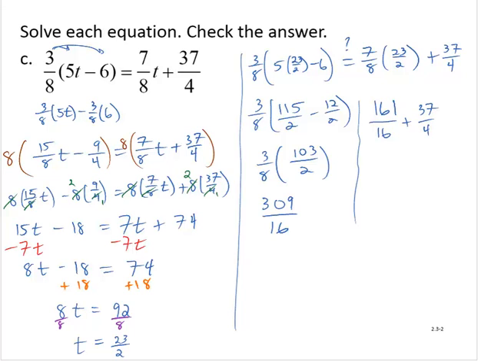Multiplying by a factor of 4 to build up that fraction, so we have a common denominator. I have 161 over 16 plus 148 over 16. And when I add those up, I do get 309 over 16. So the solution is t equals 23 over 2.